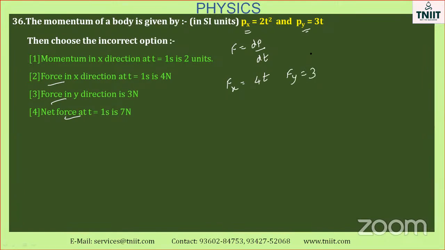So the x-axis force is 4, the y-axis force is 3. Since they are perpendicular, the resultant force should be root of 16 plus 9, that is root 25. Root 25 is 5. So the resultant force is 5 Newton. Net force should be 5 Newton when time is 1.